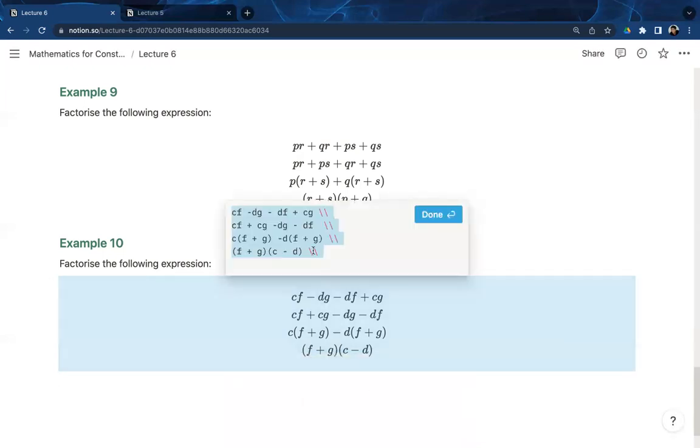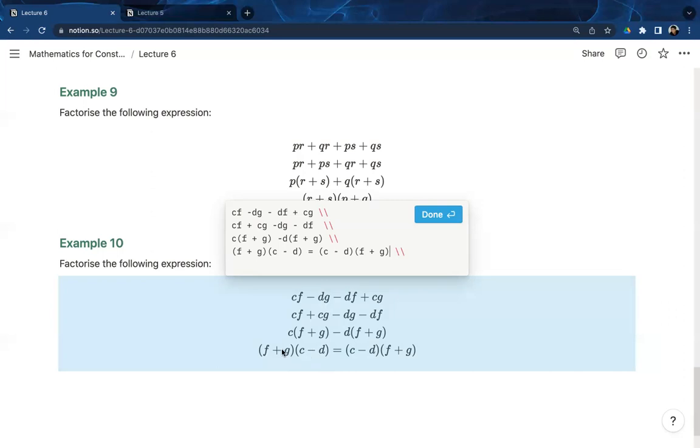And this answer, you could state it different ways. Multiplication is commutative. The order doesn't matter. So I could rearrange the terms, and also inside the brackets, I could rearrange the terms if I wanted, but it's better to have negative terms second, and it's better to have it in alphabetical order.